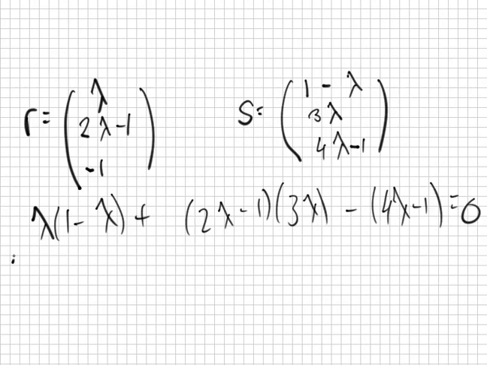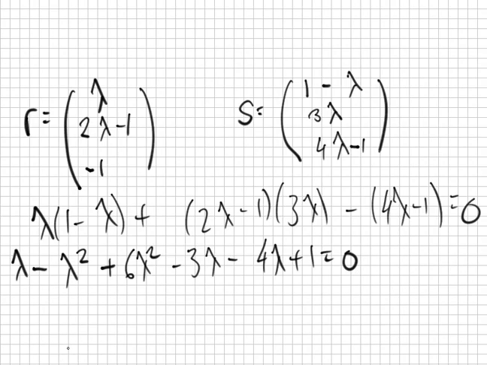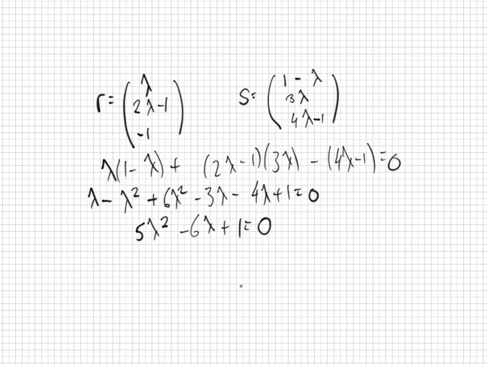Alright. Lambda minus lambda squared plus 6 lambda squared minus 3 lambda minus 4 lambda plus 1 equals 0. 5 lambda squared minus 6 lambda plus 1 equals 0. Isn't that it?